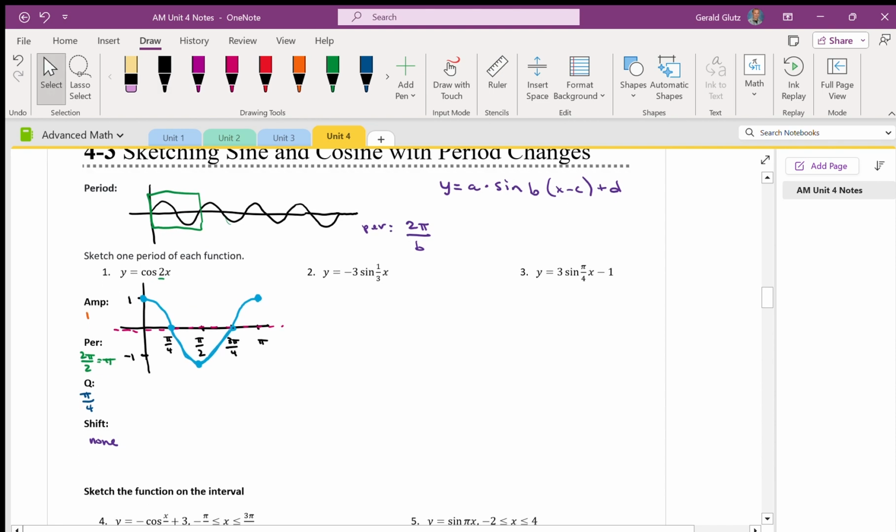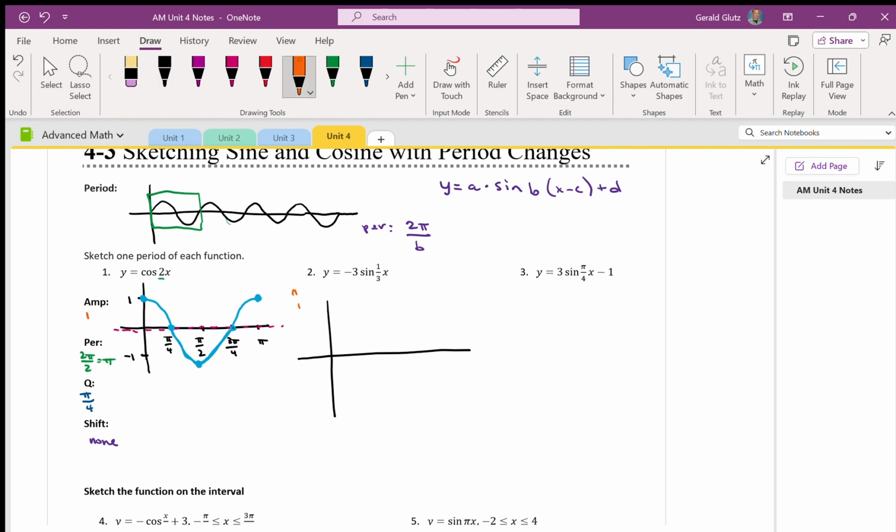In the next one, we're still going to label all the same things. This one we have an amplitude of 3, and then our b value is 1/3. So for our period, or our amplitude, it's going to be 1. Period is 2 pi over 1/3.